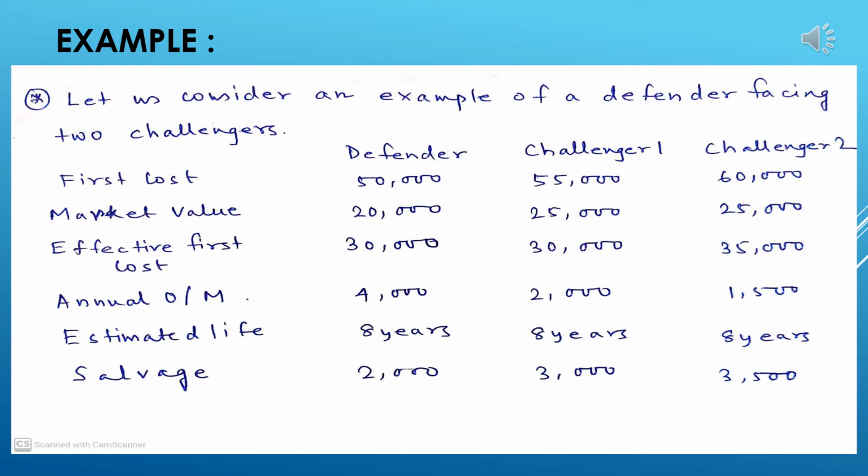The respective figures for Challenger 1 are 55,000, 25,000, 30,000, 2,000, 8 years, and 3,000. The respective figures for Challenger 2 are 60,000, 25,000, 35,000, 1,500, 8 years, and 3,500.